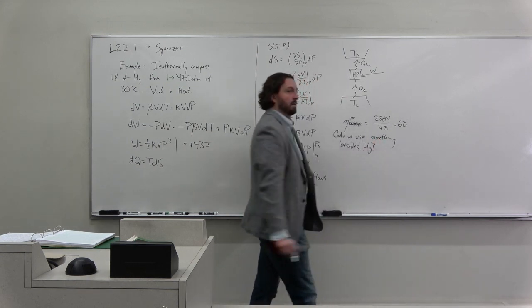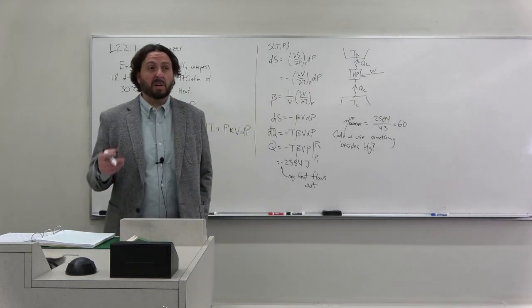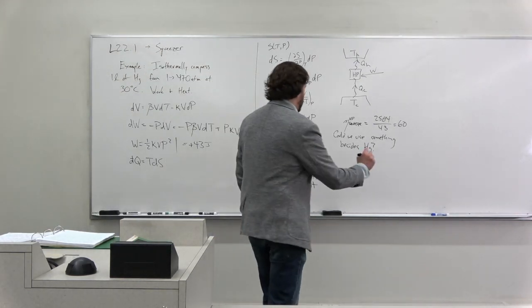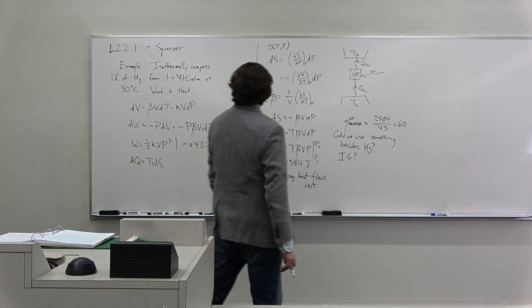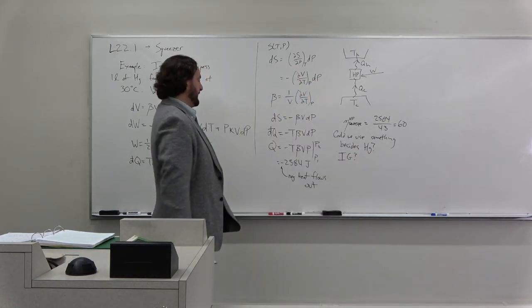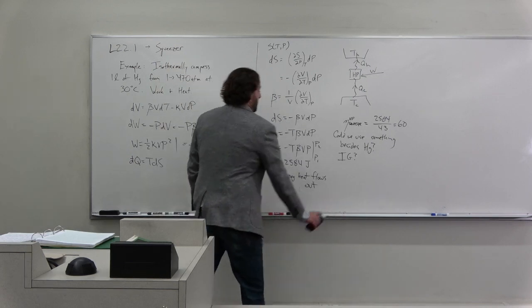So, best guess we should always try to do is we should always imagine, could we use an ideal gas? Okay? Could we use an ideal gas to do this?